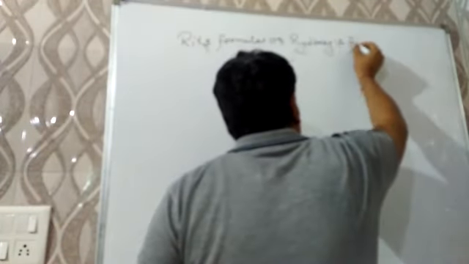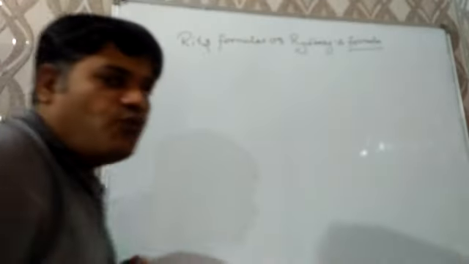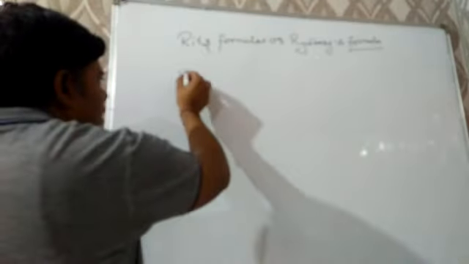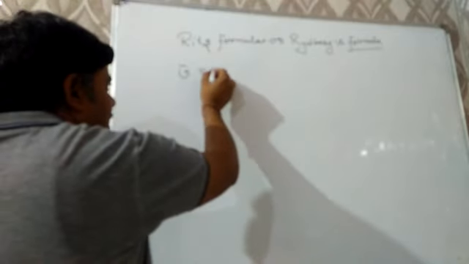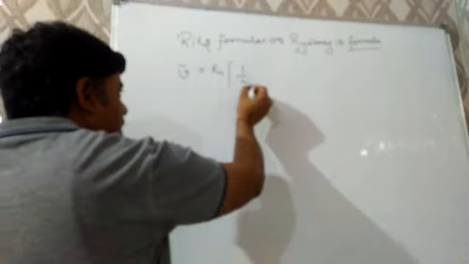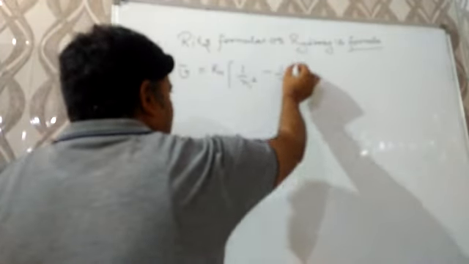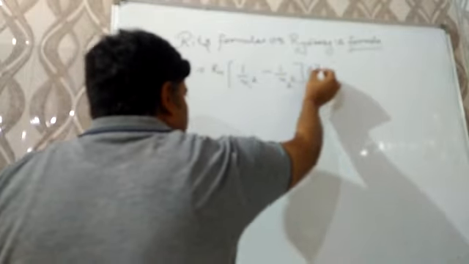Rydberg's formula, or Ritz formula: according to this, wave number is given by RH into 1 by n1 square minus 1 by n2 square into Z square.